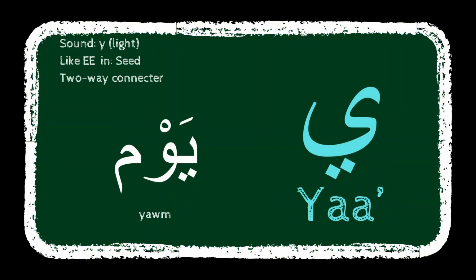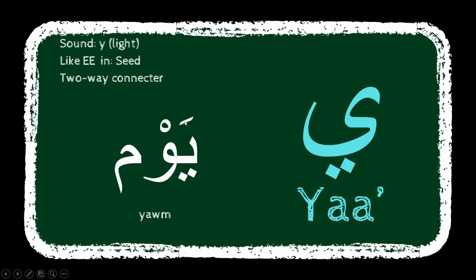The next letter is ya, and it's similar to the Y in English, and if I can describe it, it's going to be like the E in the word seed.